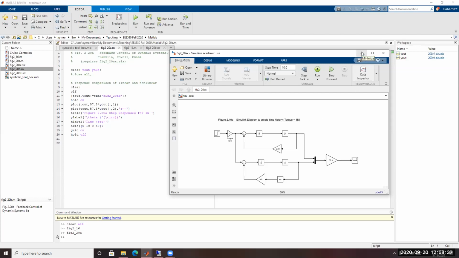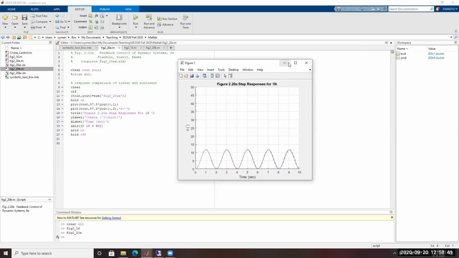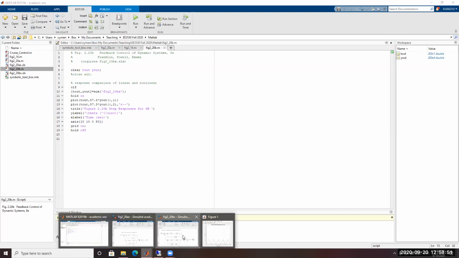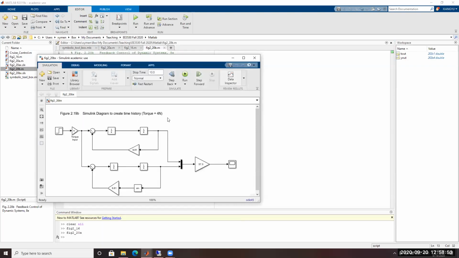Now let's see what's going to happen if we increase the torque. So we have a different program, exactly the same, but with a different Simulink model. For this Simulink model, exactly the same, but the torque here is 4 Newton meters.